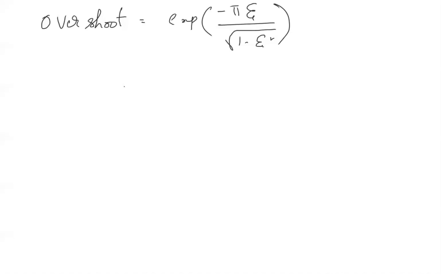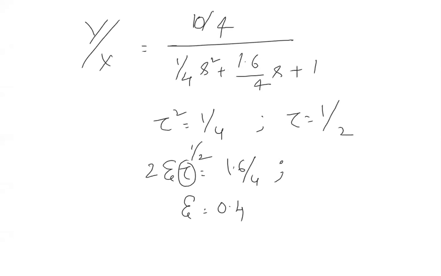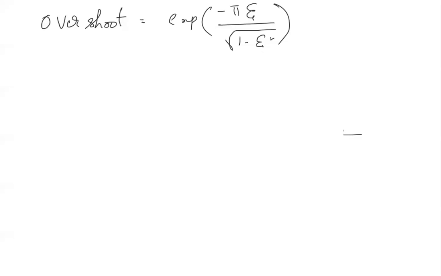So what is the answer that you are getting? Zeta is 0.2. Overshoot, how much are you getting? 0.253.